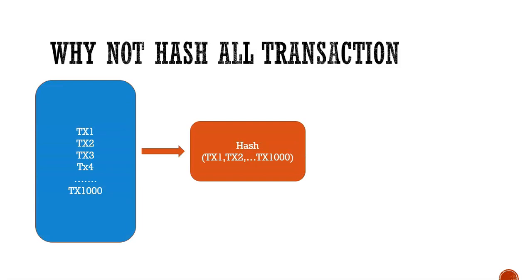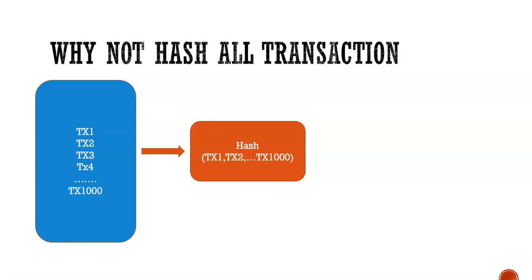We might think, why do we want to hash in multiple levels? Why not hash all the transactions together and finally get one final hash? If getting the final hash is the only objective, we could do that. Let us see what will happen when we hash all the transactions together to get the final hash.